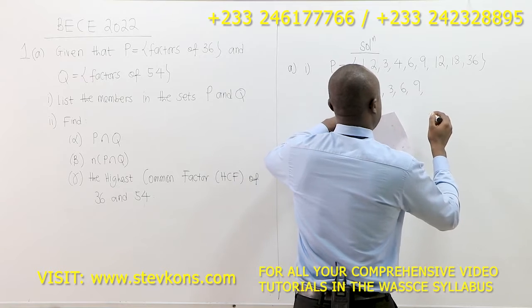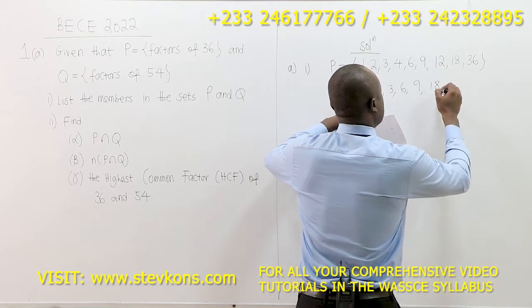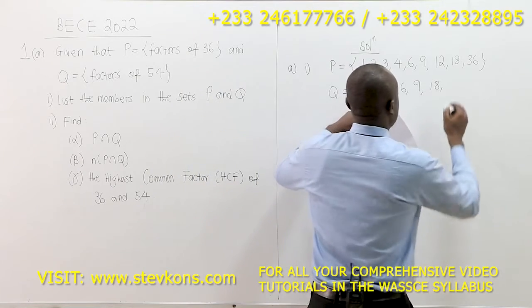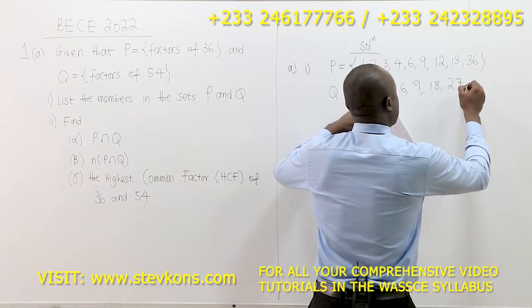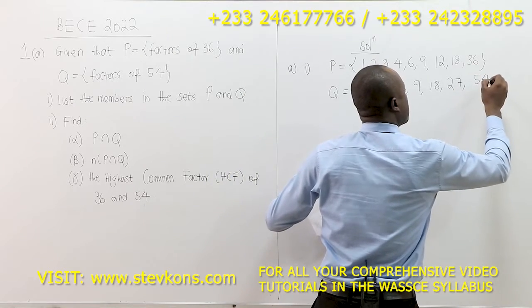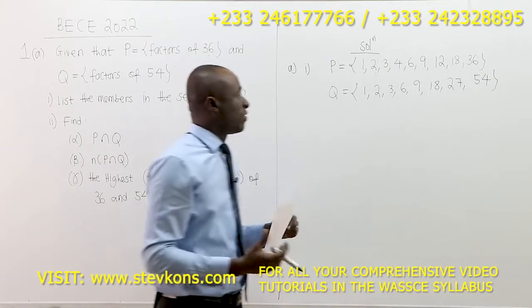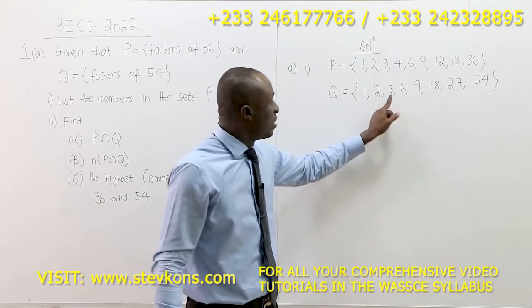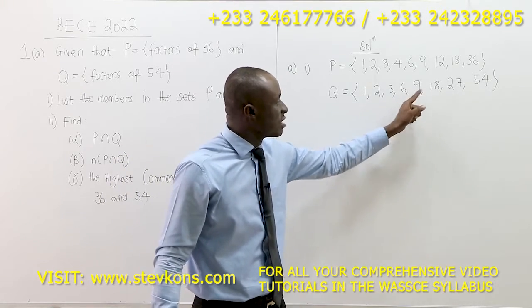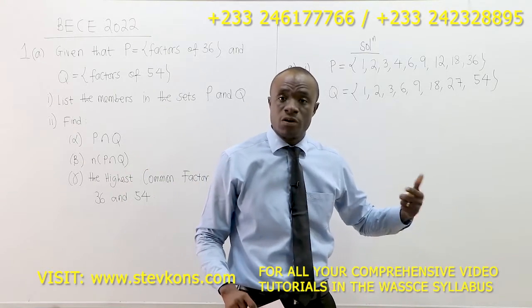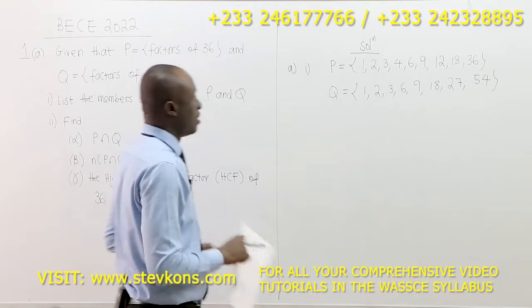From here, clearly, 18 is also a factor of 54. 27 is a factor of 54. And then 54 itself is a factor of itself. So 1 times 54, 2 times 27, 3 times 18, 6 times 9. So all these are factors of 54. They can go into 54 without any remainder.